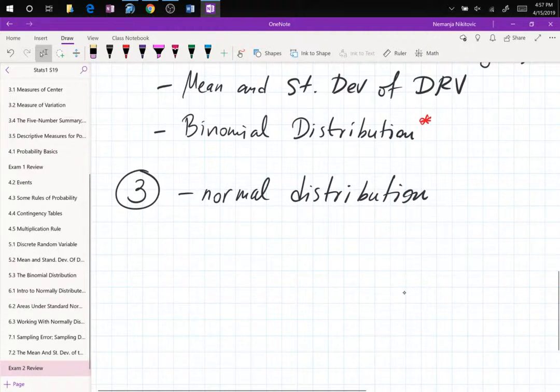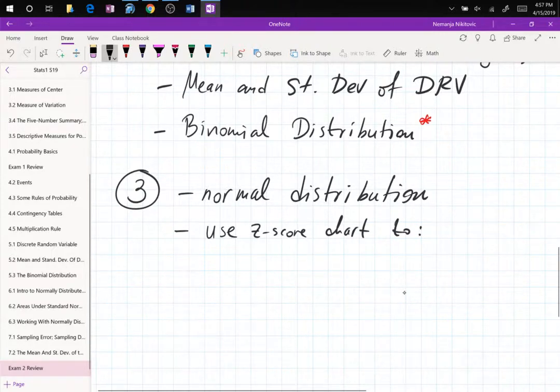So area under the curve, now use the z-score chart to find, and here we go. What do we have? We have to find, I'm going to use pluses now.